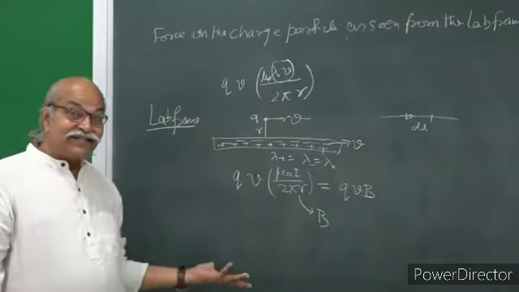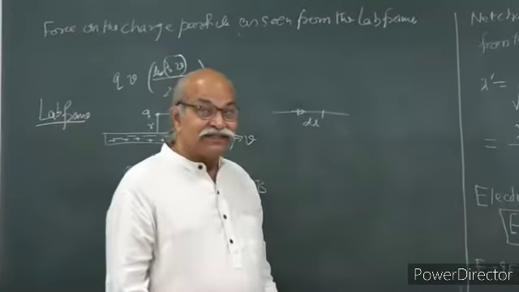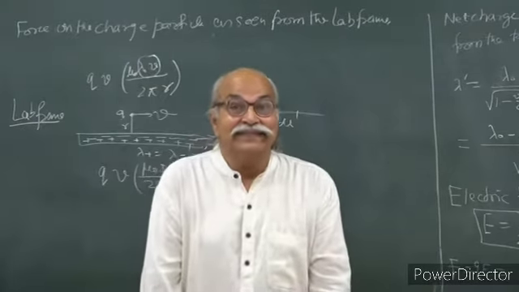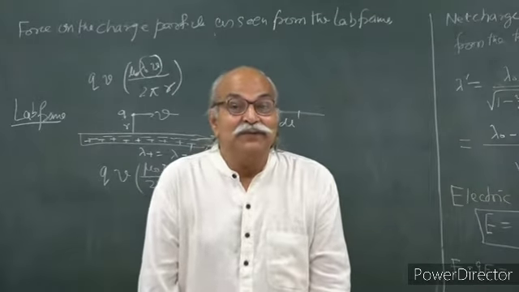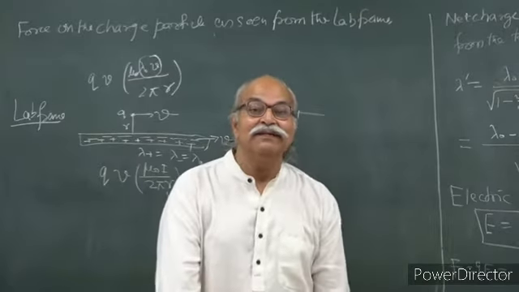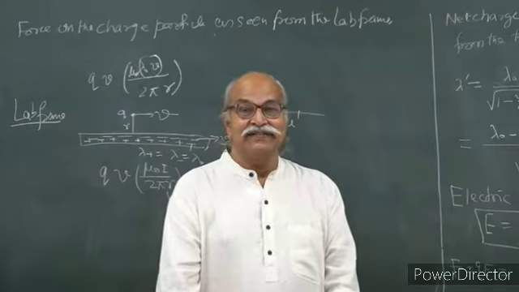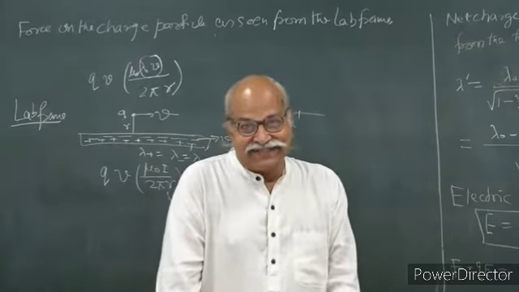So, you can see that it is a relativistic requirement that the magnetic field must exist if there is a current. If charges are moving, they must produce a magnetic field, and if they are producing a magnetic field, that means you are seeing the relativistic effects in the normal lab conditions.